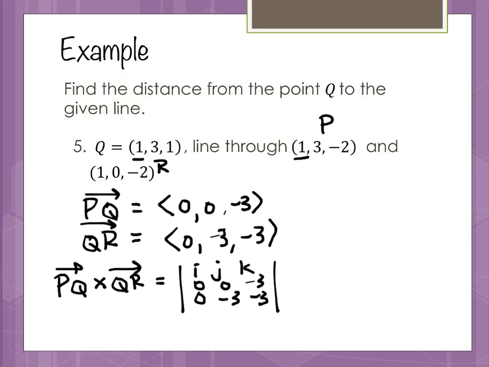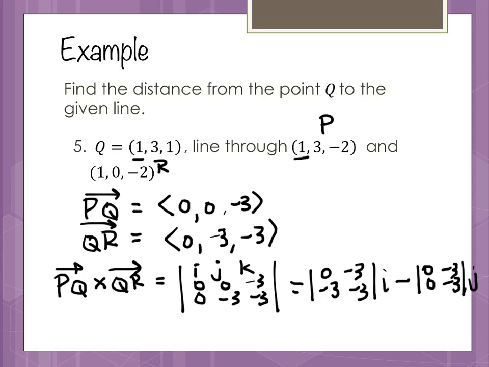And if we take a look at this, we're going to expand along the I column, so I'm going to get 0, negative 3, negative 3, negative 3, I, and then minus 0, 0, and then negative 3, J. And then my last piece is plus, and then I've got 0, 0, 0, negative 3, K.